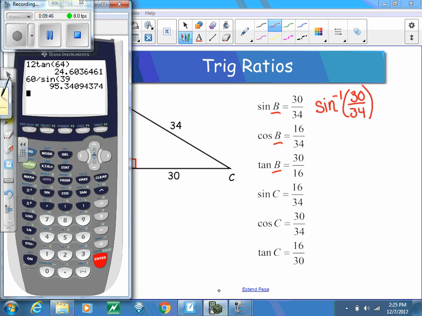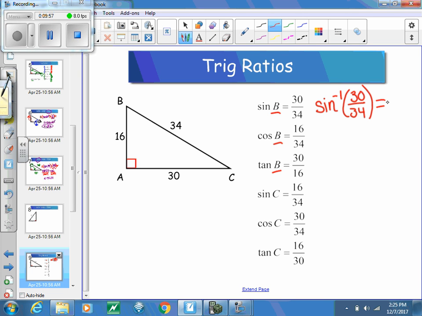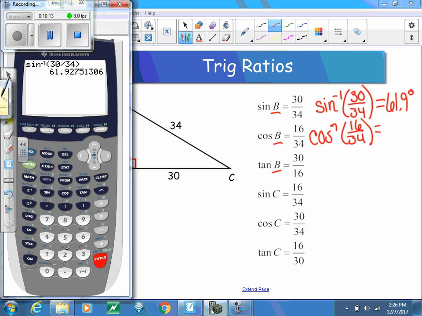So onto our calculator, I'm going to go second sine, and I'm going to take 30 divided by 34, and then hit enter, and I get 61.9 degrees. Now if I do the same thing with cosine and tangent, so if I do the inverse cosine of 16 over 34, I'm still finding the same angle.